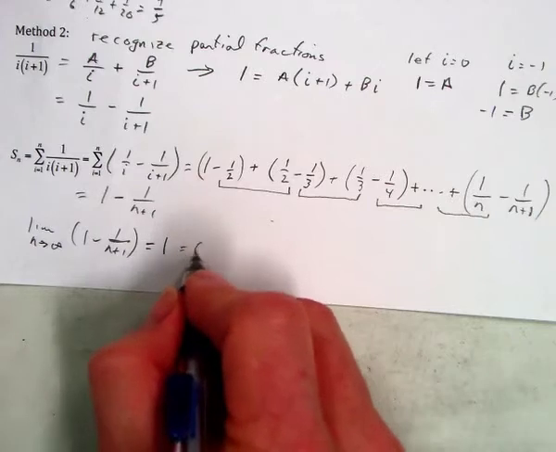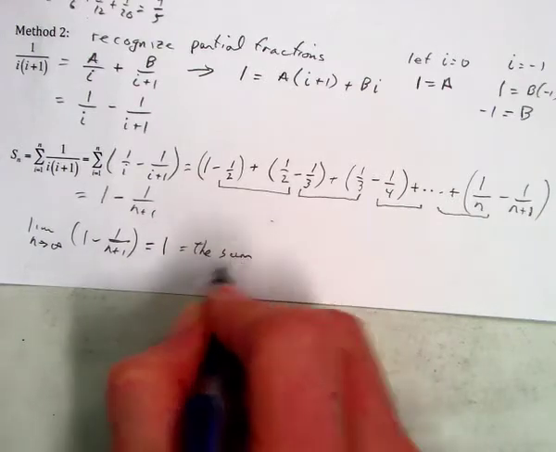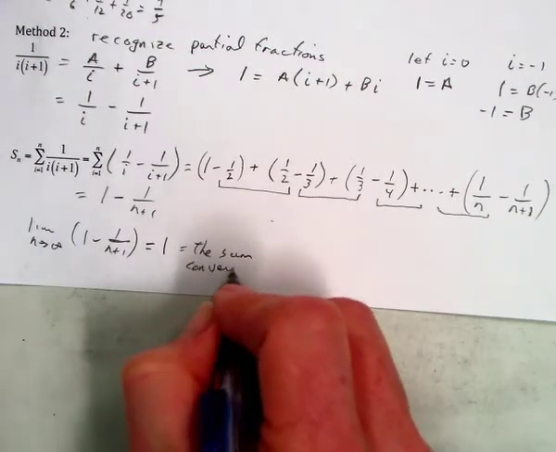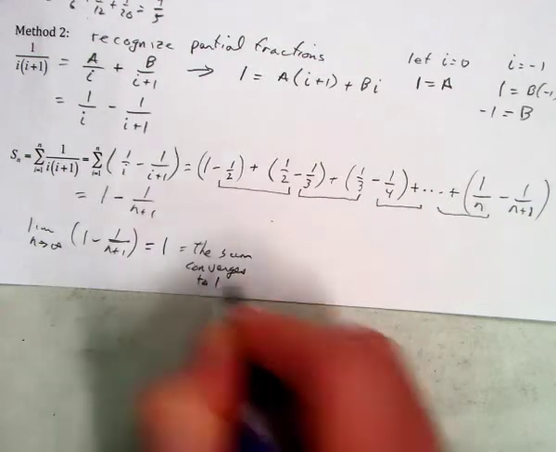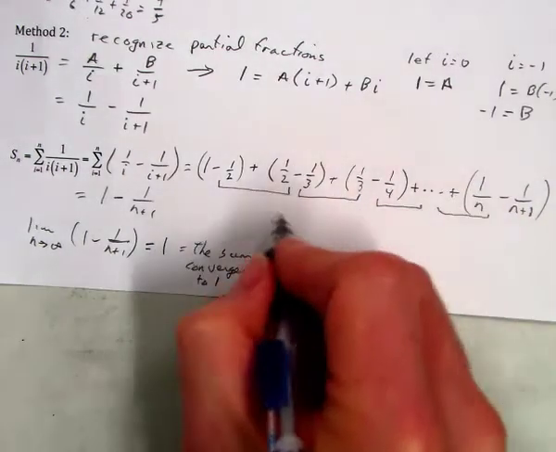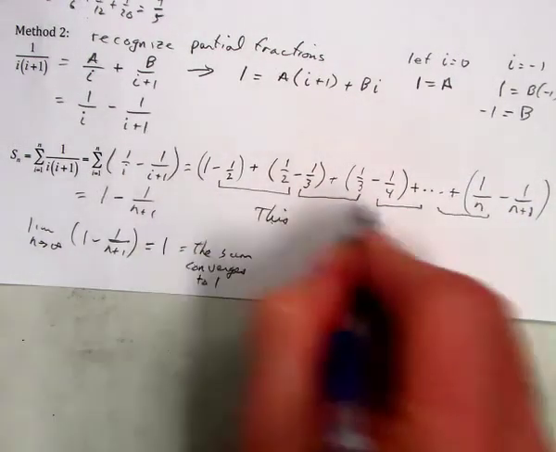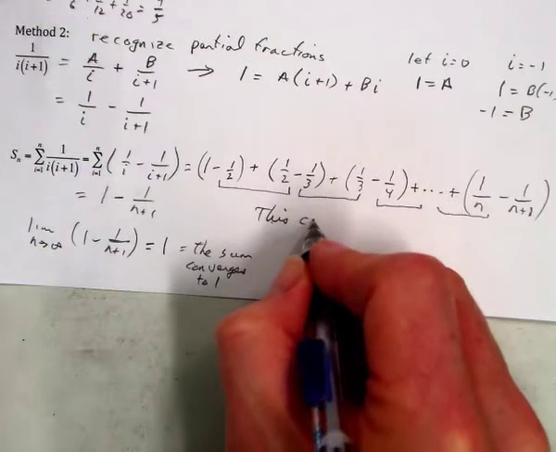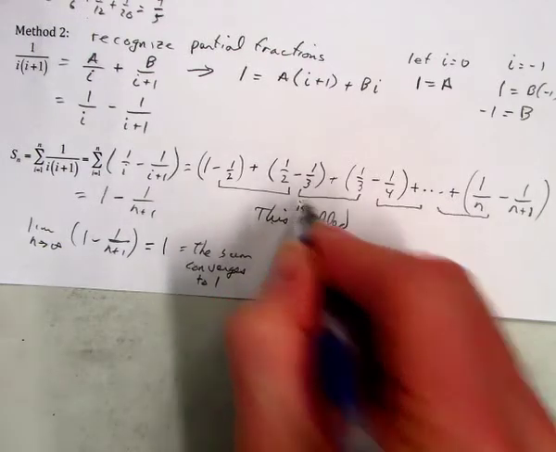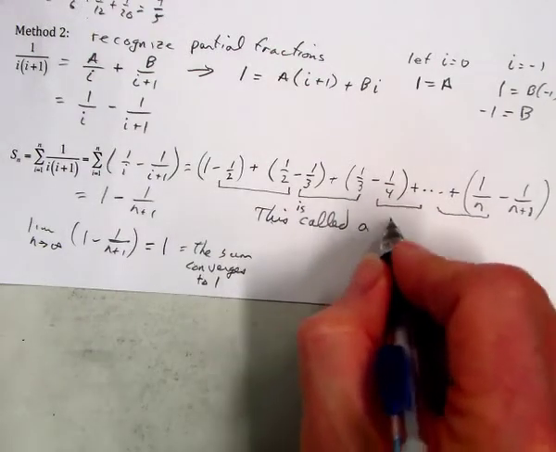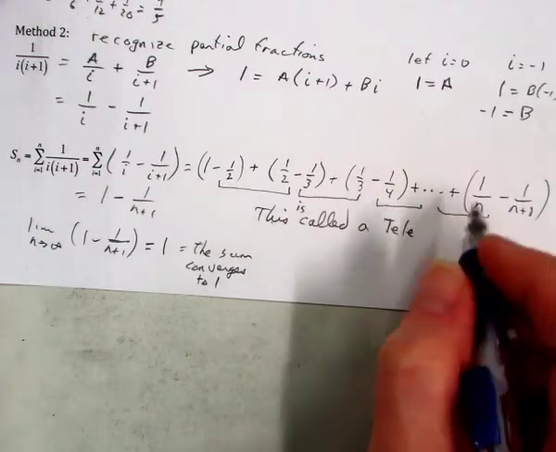In other words, the sum converges to 1. When you can write something like that, this is called a telescoping series.